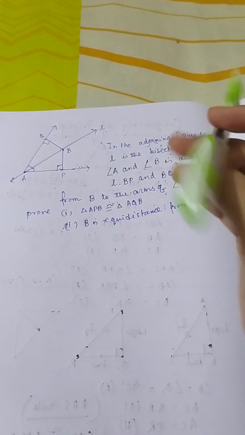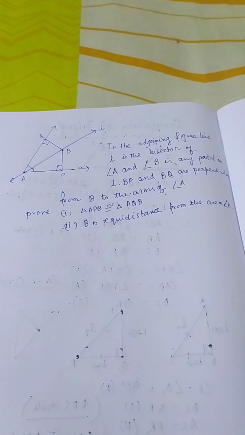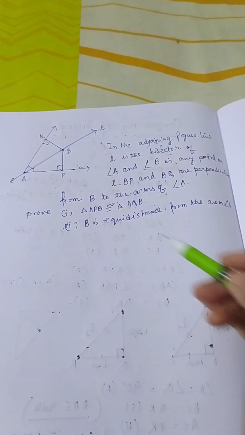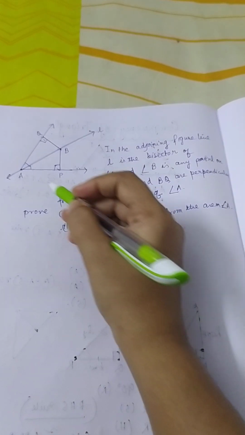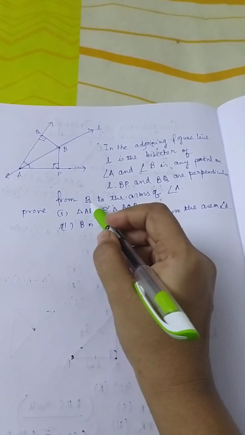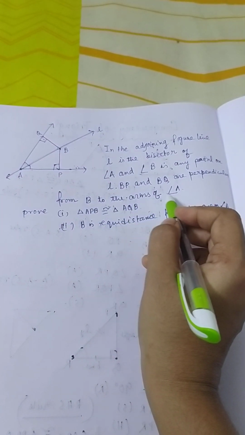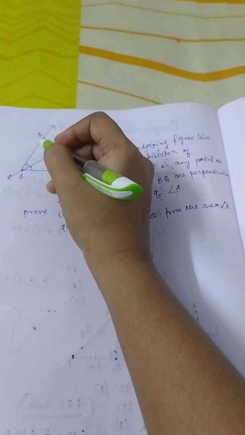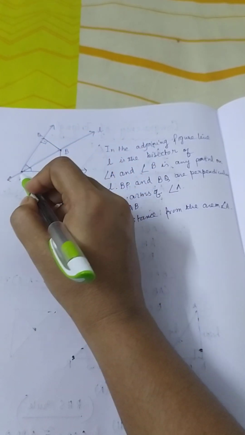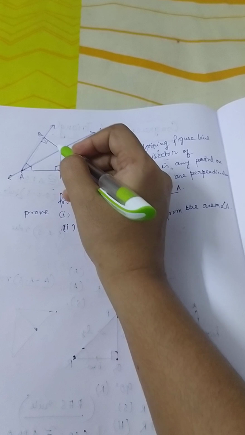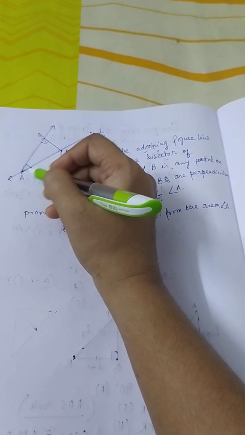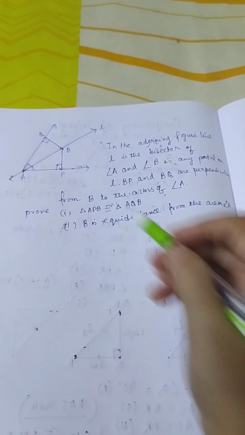BP and BQ are perpendiculars from point B on the arms of angle A. The angle's arms are QAP. So on these arms, BQ and BP are perpendicular.